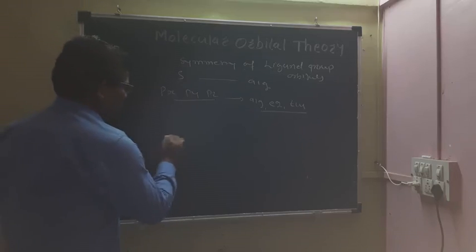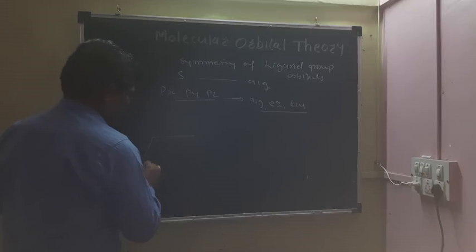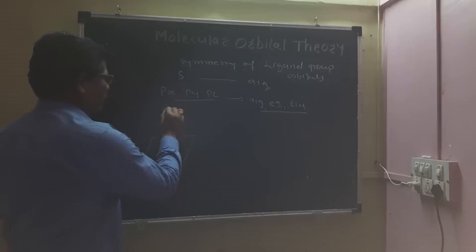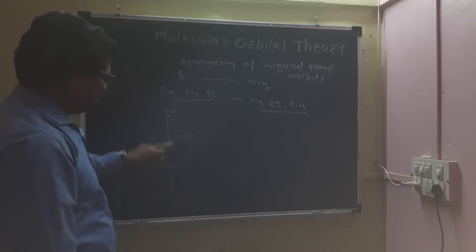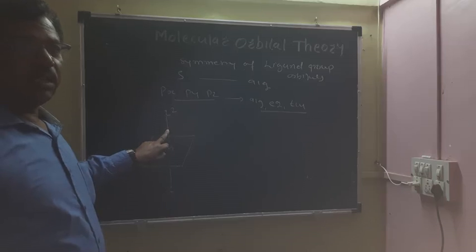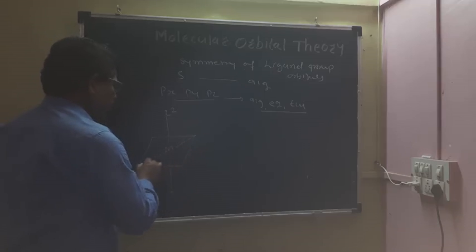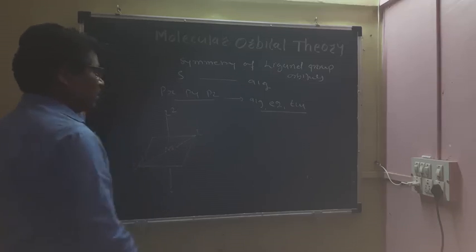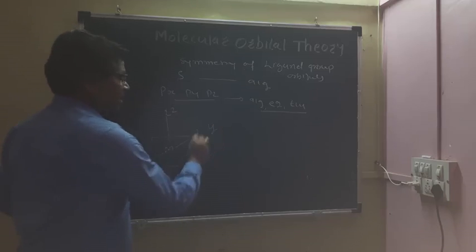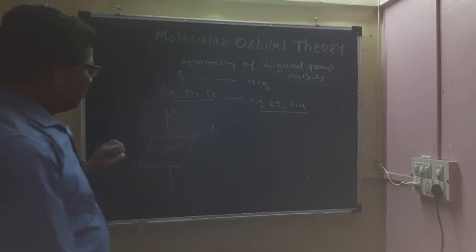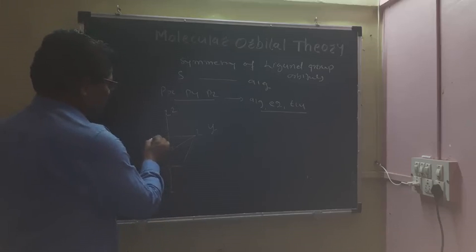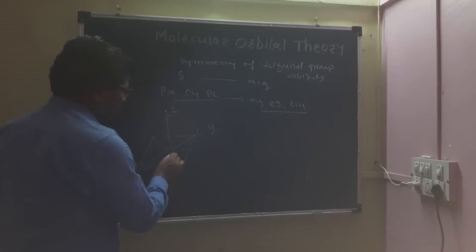For example, in octahedral complexes, two ligands lie along the z axis, two ligands along the y axis, and two ligands along the x axis.